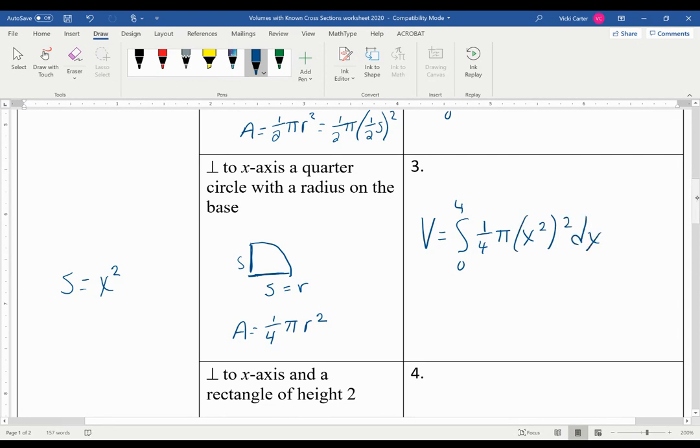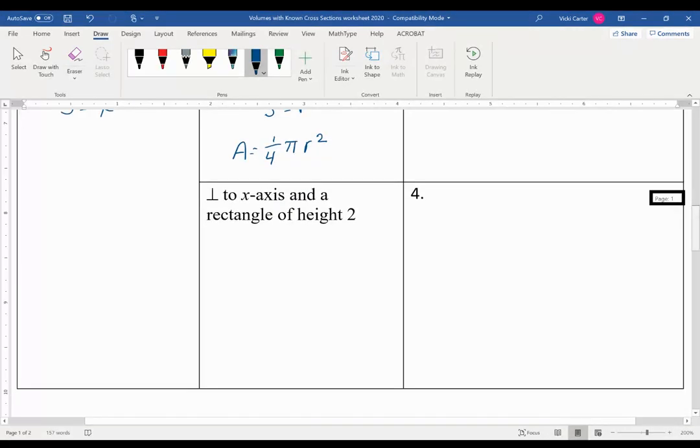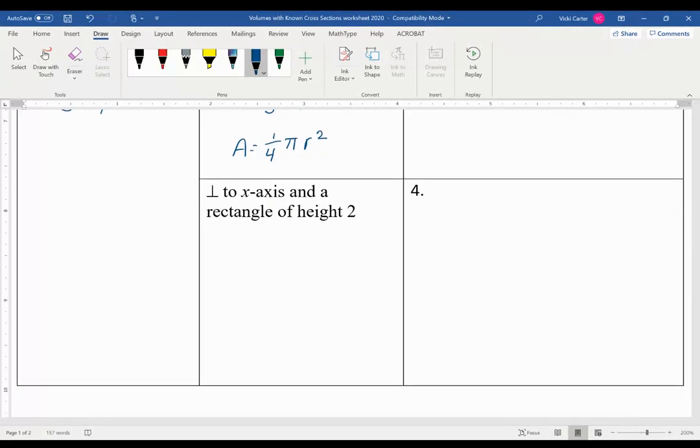All right, let's look at this next one. This is the last one with that same region. So now we have the cross sections are perpendicular to the x-axis, and we get a rectangle with a height of 2. Now yesterday we had one that had a height that was 2 times the base. This one is just a height of 2.